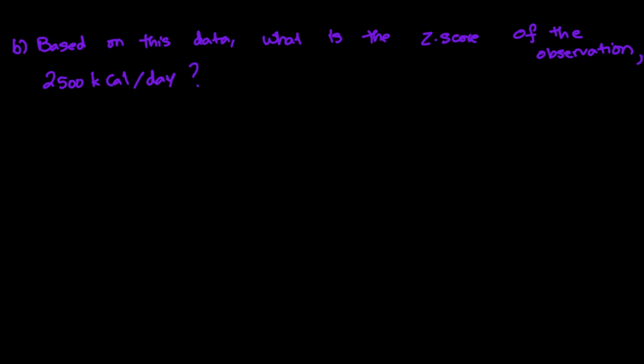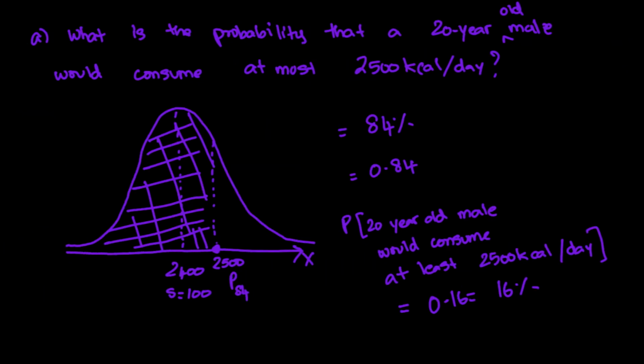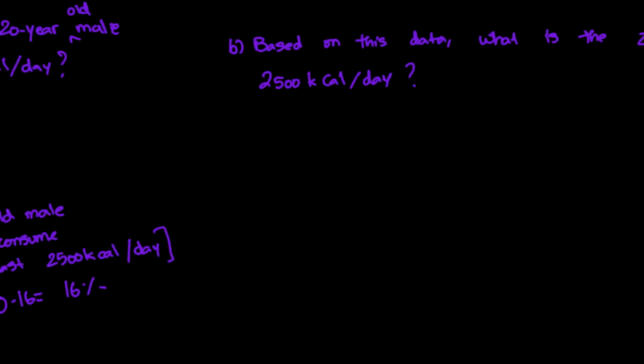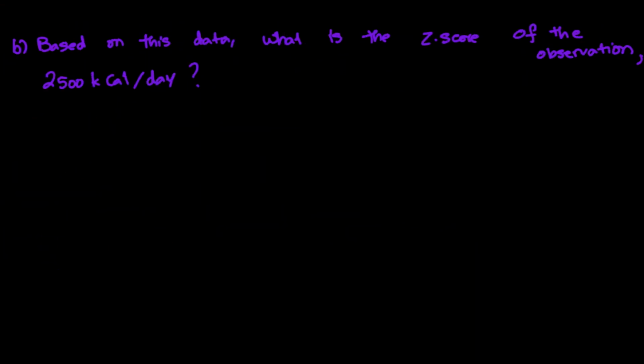Well, I know that 2500 was one standard deviation to the right from the mean, which is 2400. 2400 would correspond to a z-score of 0. So since you moved one standard deviation to the right, 2500 would have a z-score of 1.